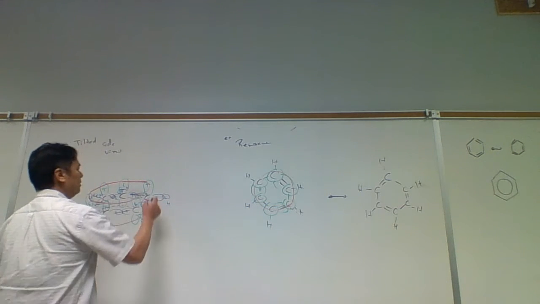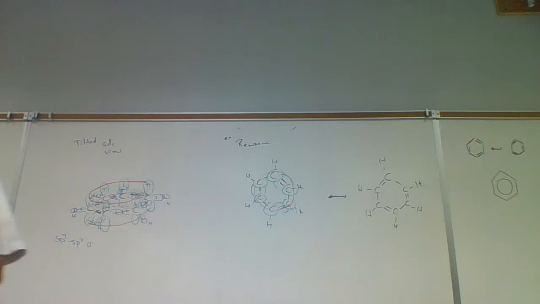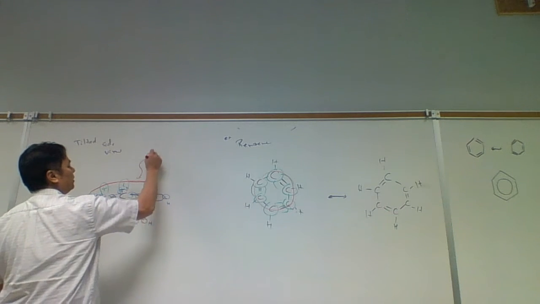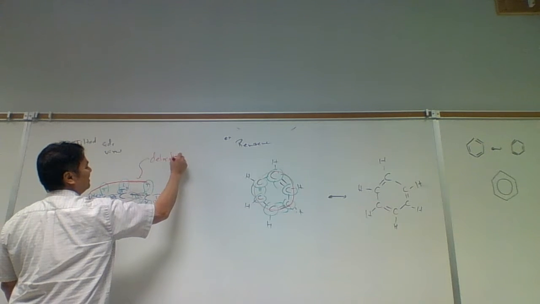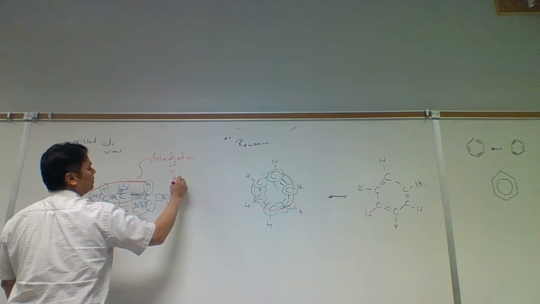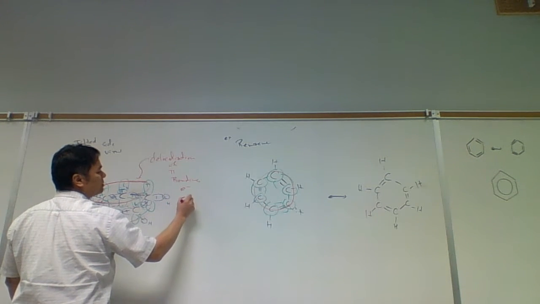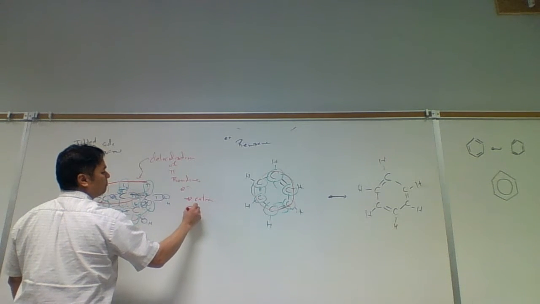And so here in the green, the red is delocalization of the pi bonding electrons. Delocalization. Pi bonding electron. This leads to extra stability or unusual stability.